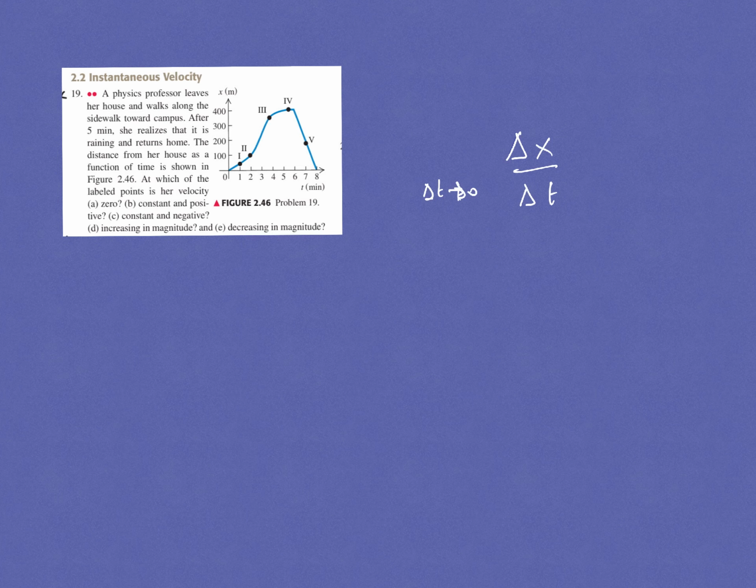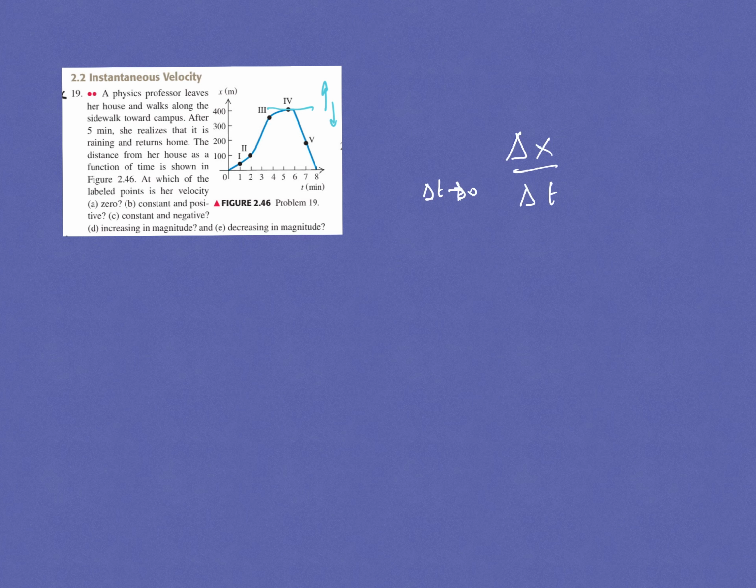The velocity is the slope in the graph x of t, so I will look for a point that has slope zero. I think this is the point. More or less, this is the point that has slope zero. So at this point, her velocity is zero. It means that she's not moving in this direction and she's not moving down. She just has instantaneous velocity zero.